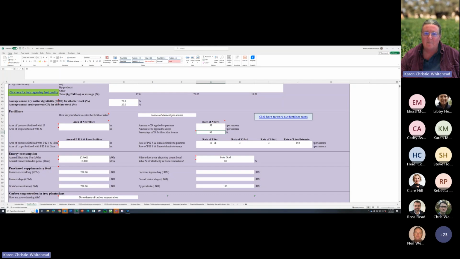And then we have our PKS and lime or dolomite for our pastures and our crops. If you can use tonnes of element per annum, that's great. If you have to go down the kilograms per hectare per annum route, you need to fill in the area so we can multiply the area by the rate to end up with this tonnes number.